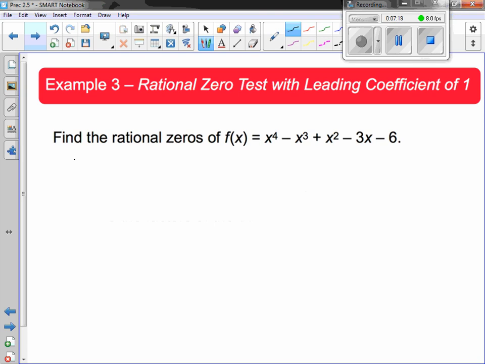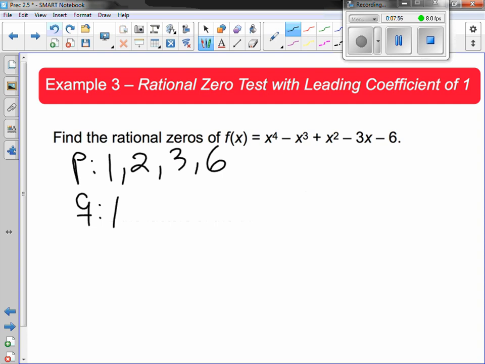So when we look at this here, the first thing I would do, especially if you're not used to this, is list out the factors of p and q. So p is the factors of the constant term. The constant term here is 6. We don't worry about the negative. The number is 6, but the factors are 1 and 6, 2 and 3.